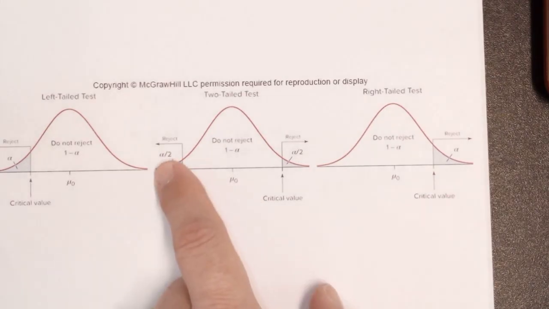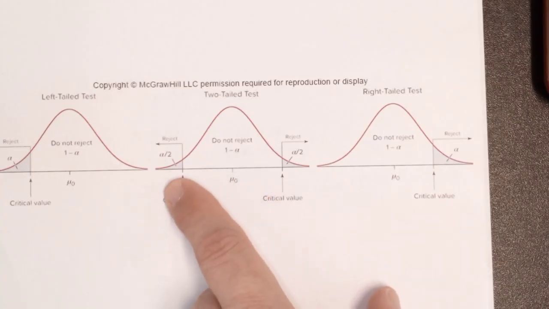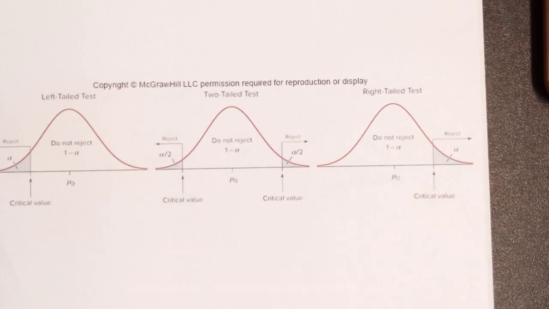It shows alpha over 2 there. So that 0.05 would be 2.5% down here and 2.5% up here, which means when I go to compute the p-value, I'll compute one of them. I have to multiply by 2 for both tails. Whenever I do a two-tail test, my p-value gets multiplied by 2.